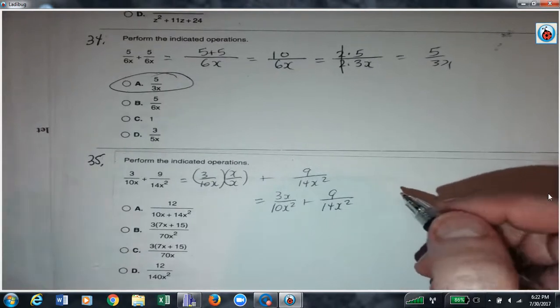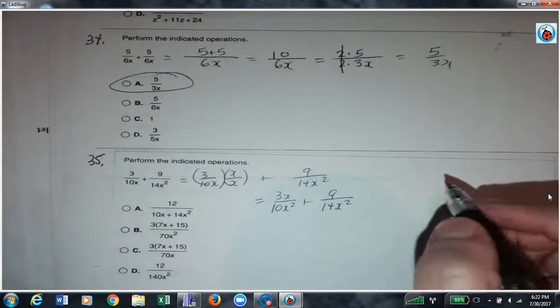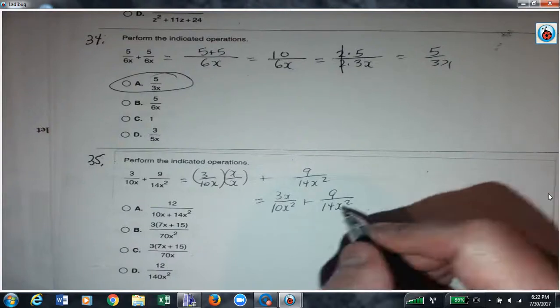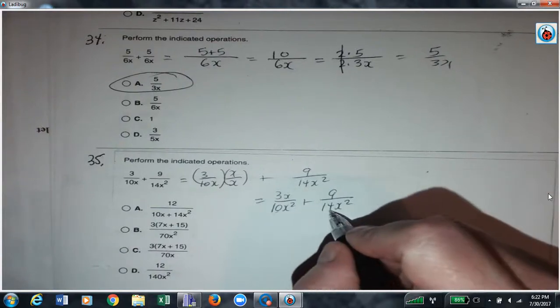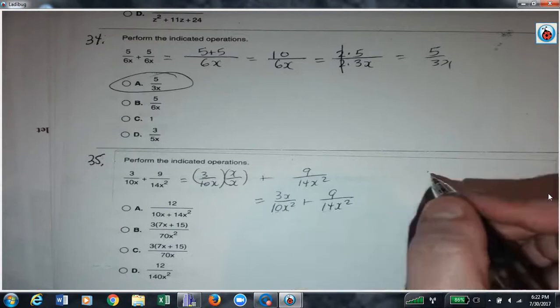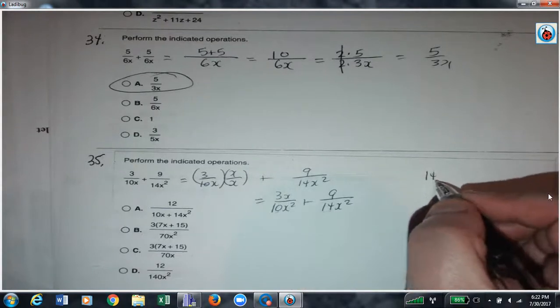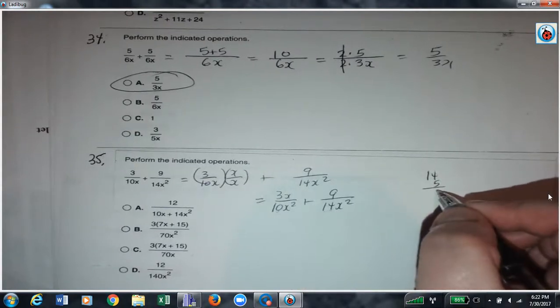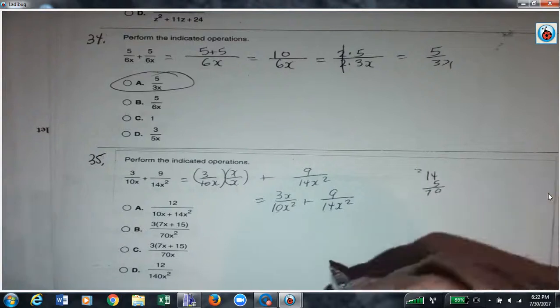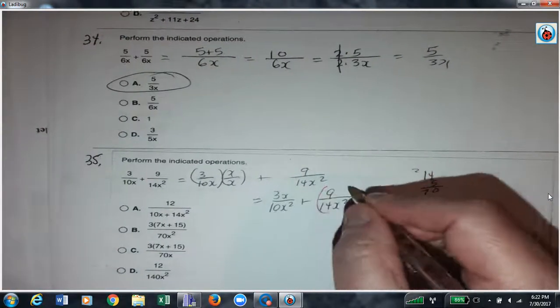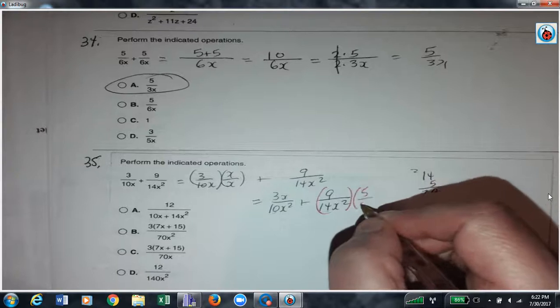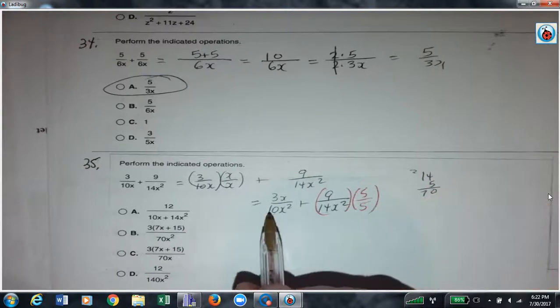So, I think they're both factors of 70. 14 times 5 is going to be 70. Okay, so what I'm going to do is multiply this guy by 1, and I'm going to write 1 like that.